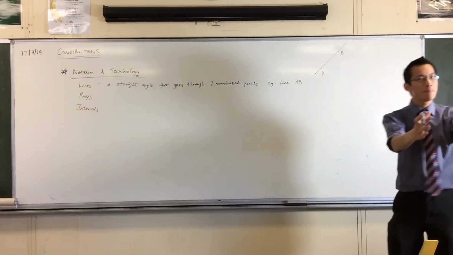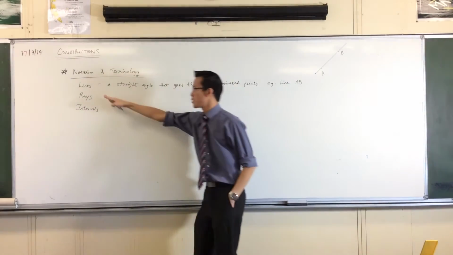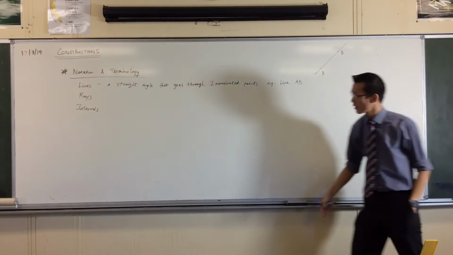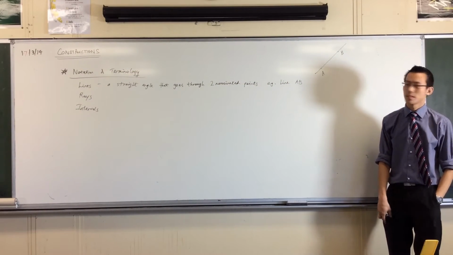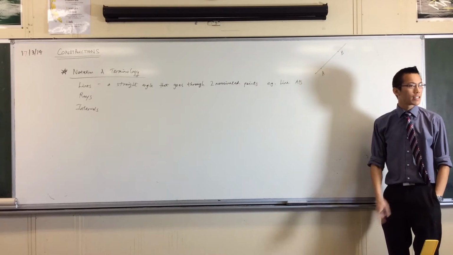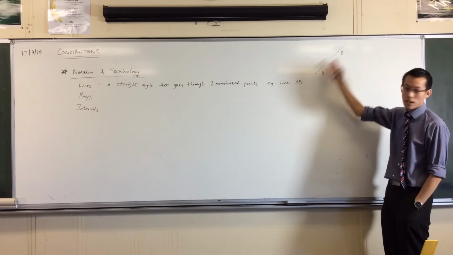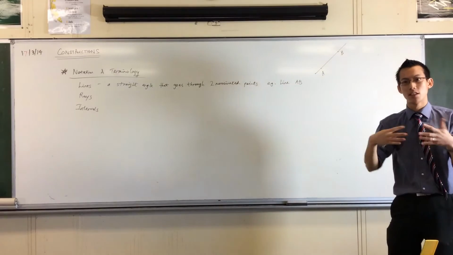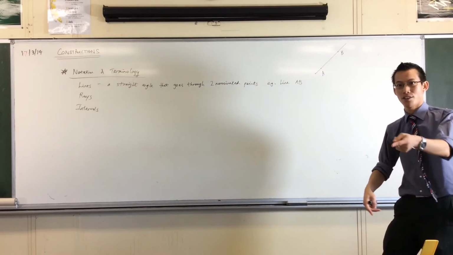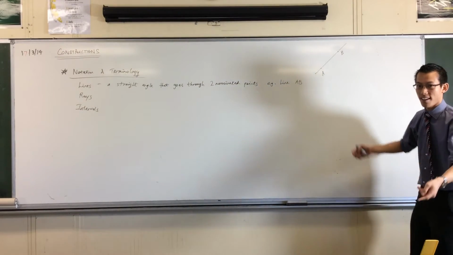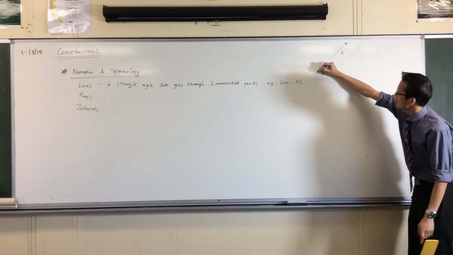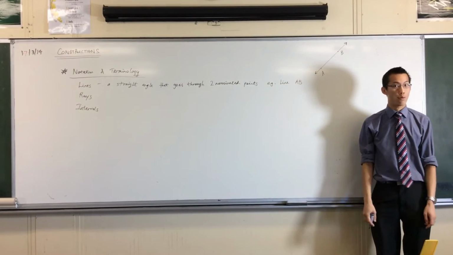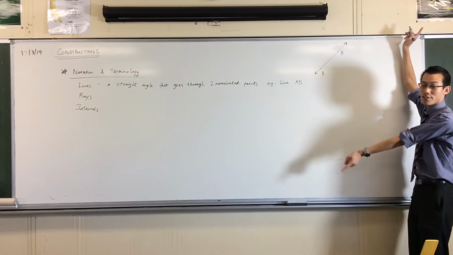But here's the important thing, and this is the distinction between these 2 other things we're going to talk about in a second. The line, how far does it go? As far as you want, I suppose, is how far you can draw it. But strictly speaking, this line that I want actually goes forever, in both directions.